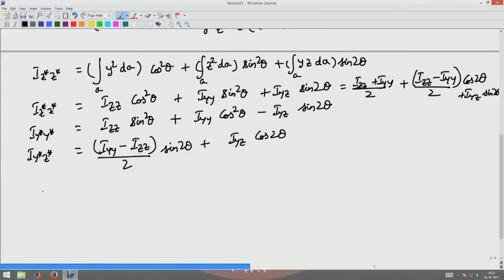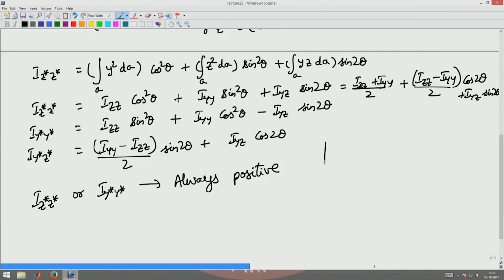Now, what is the property of the normal moments Iz* or Iy*? They are always positive, because it is an integration of a positive function. Y square is a positive function, so they will always be positive.